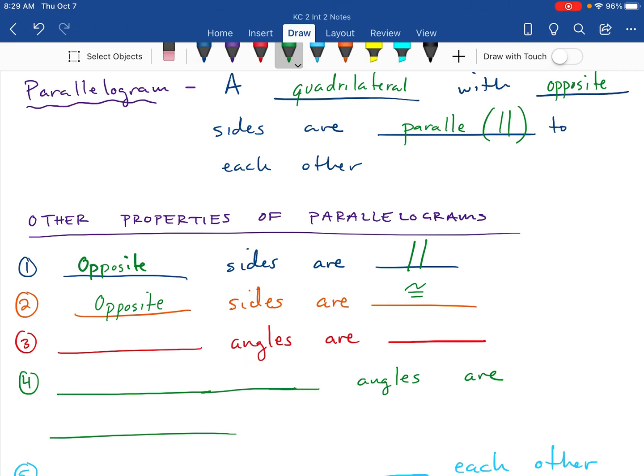Next property, you have opposite angles. So opposite angles are congruent. Okay, the ones that would create kind of like an X. Okay, so those are opposite angles. Next one is consecutive angles.